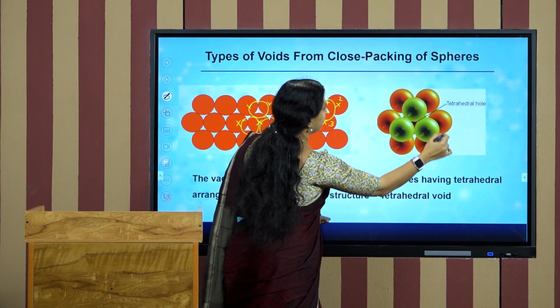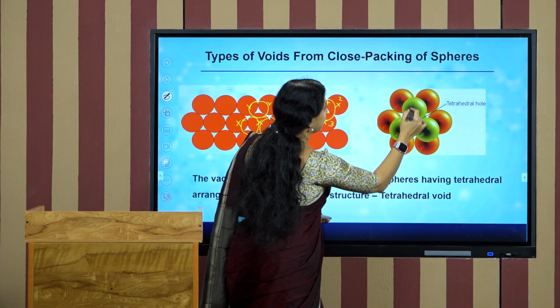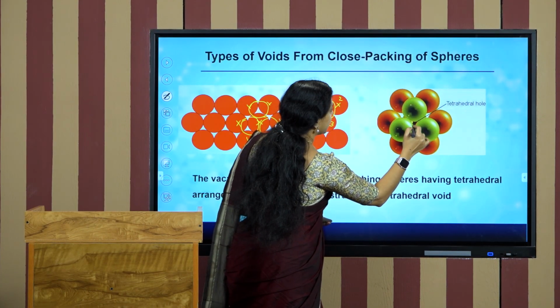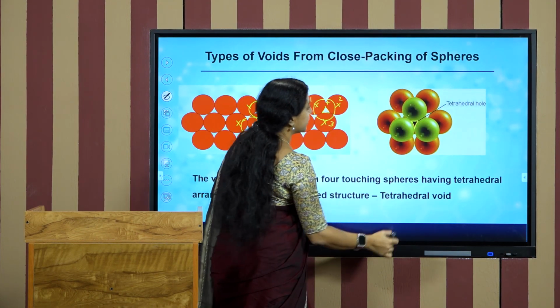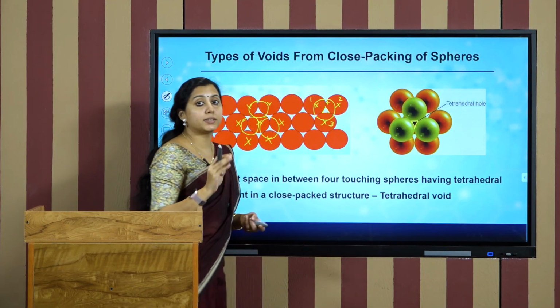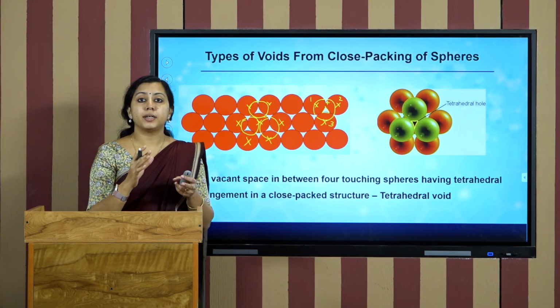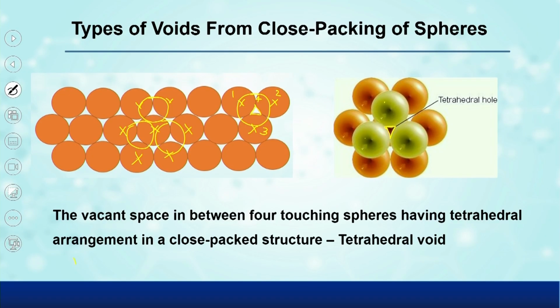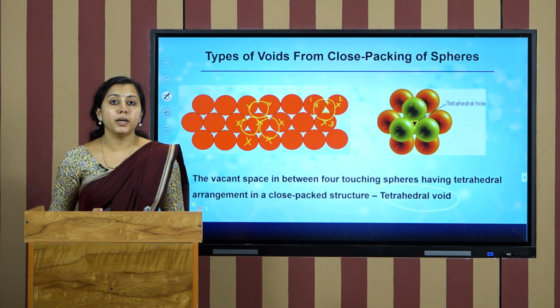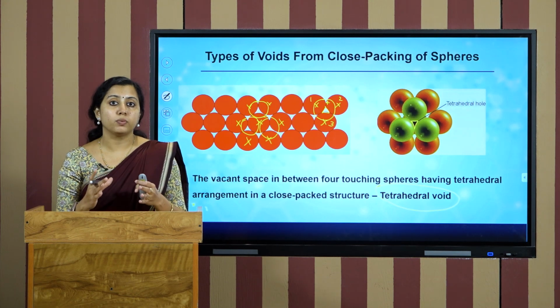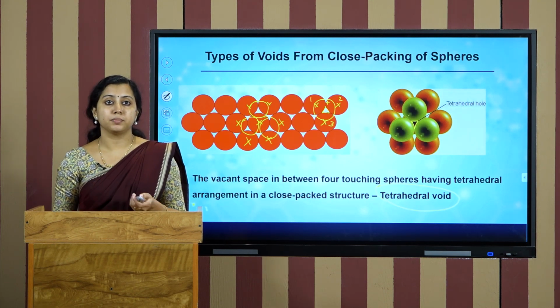So, this is one layer, and on the top you are placing another. There will be a hole like this formed by 4 such spheres. The vacant space in between 4 touching spheres having a tetrahedral arrangement in a close packed structure is called a tetrahedral void. A tetrahedral void is formed by 4 spheres which are in close contact with each other.